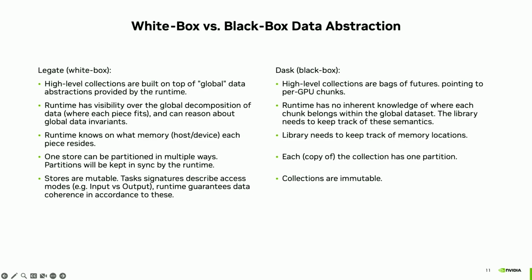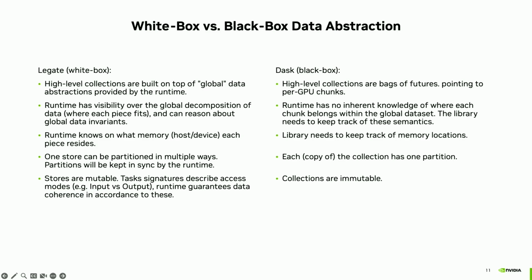Dask takes more of a black box approach, so it allows you to build graphs to represent collections however you see fit. And as far as the runtime knows, that is a collection of chunks, a collection of futures that backs different pieces.